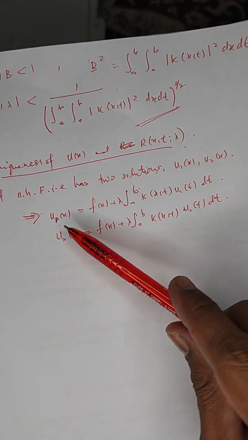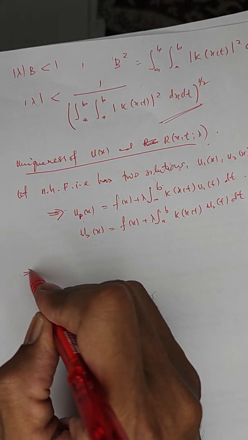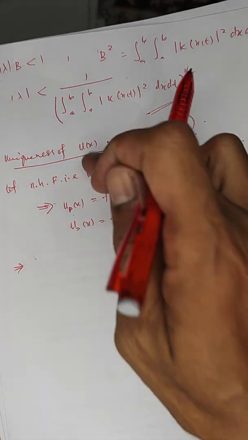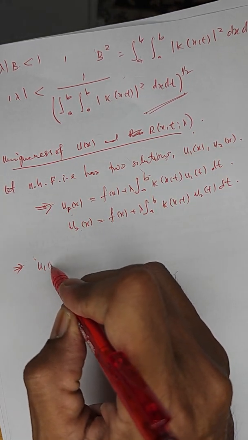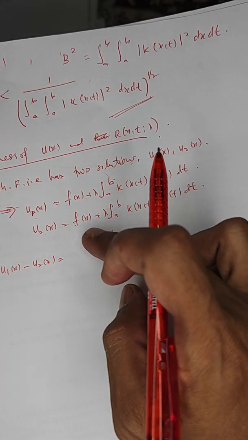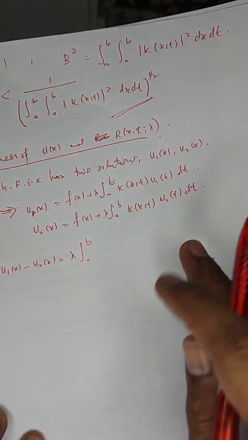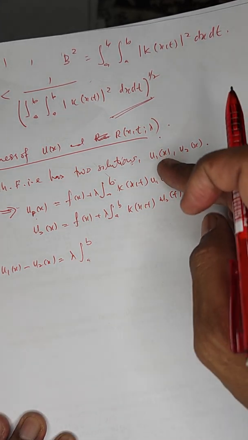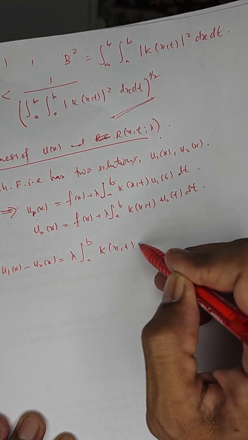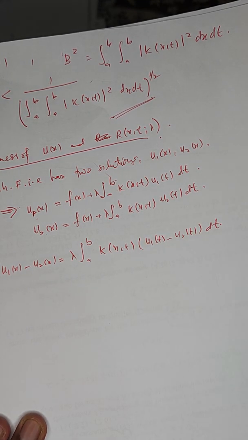If we subtract u2 from u1, we have u1(x) minus u2(x) equals zero from f(x), plus lambda times the integral from a to b of k(x,t) times (u1(t) minus u2(t)) dt.